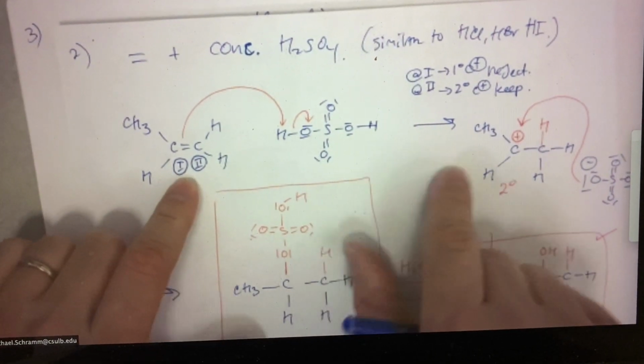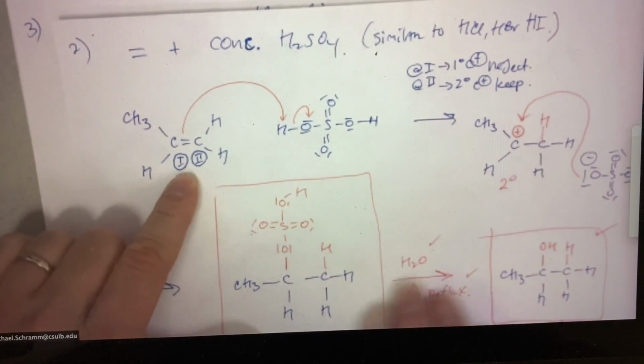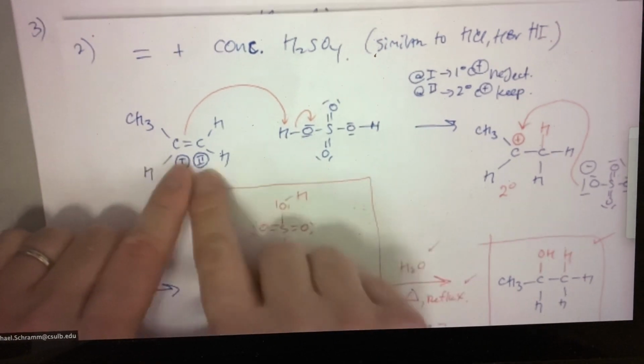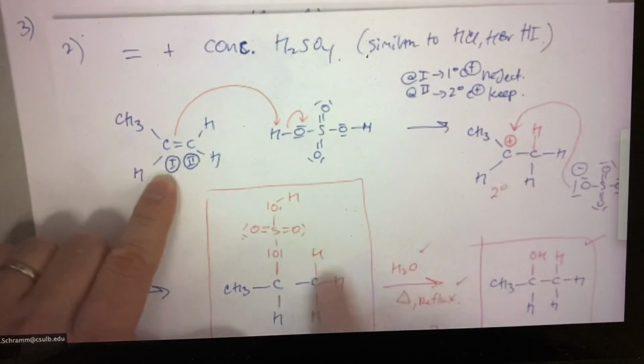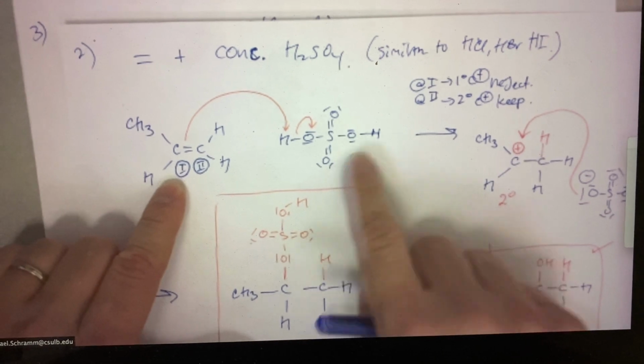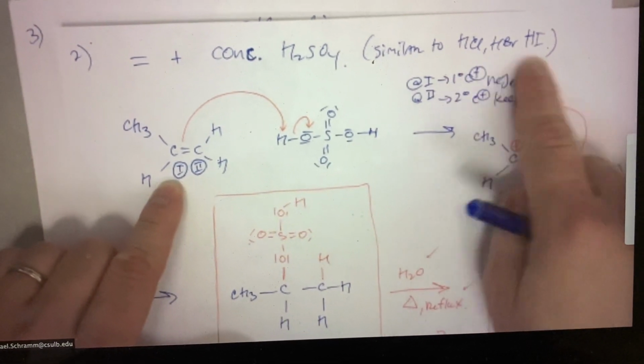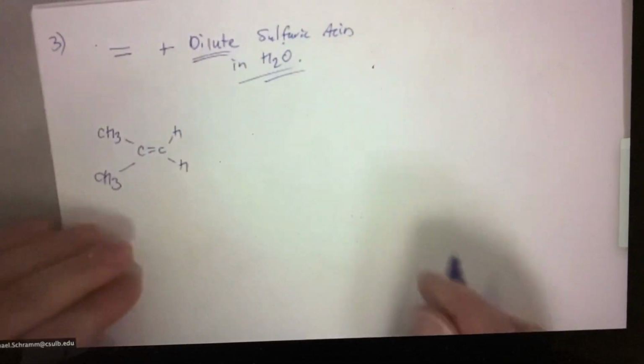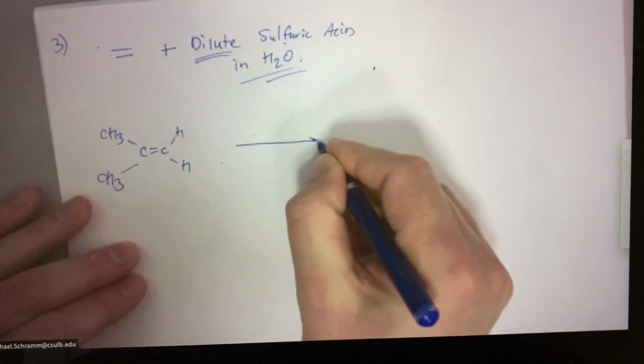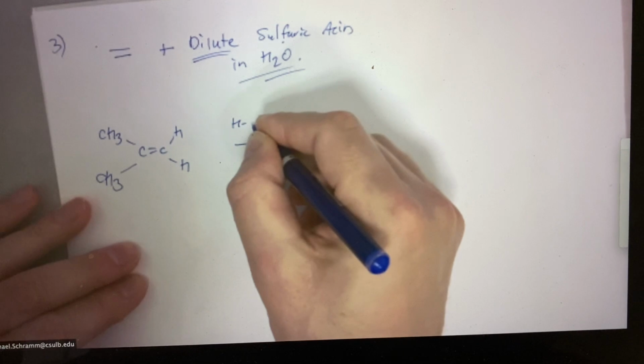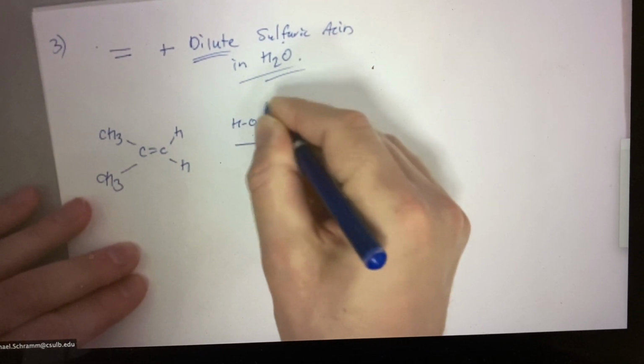There's no water written anywhere. Till the very end, this is very different. This is the second step. But when we see these two things, we're going to do this reaction. Very similar to HCl, HBr, HI. But we might write H2SO4 here.